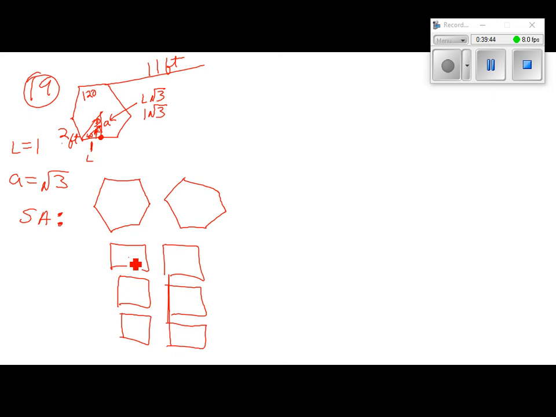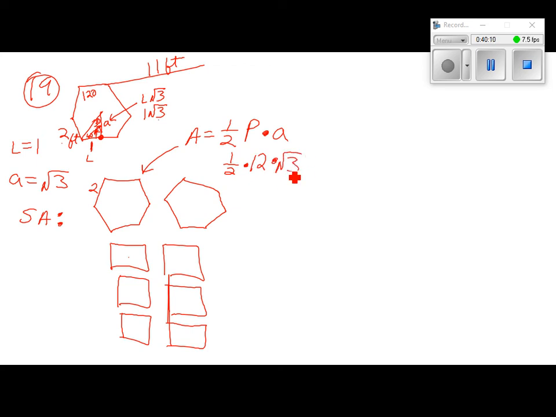To find the area of this hexagon, we do 1/2 times big P times A. Big P is the perimeter. They told us each side was 2, so we take 6 times 2, that's 12, so we have 1/2 times 12 times the apothem, which we figured out was the square root of 3.